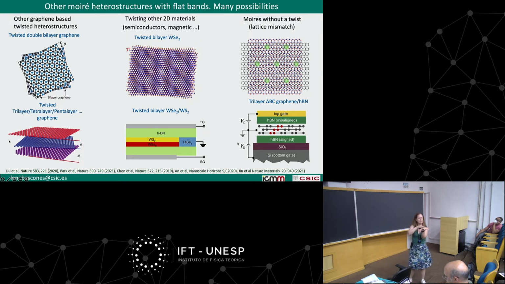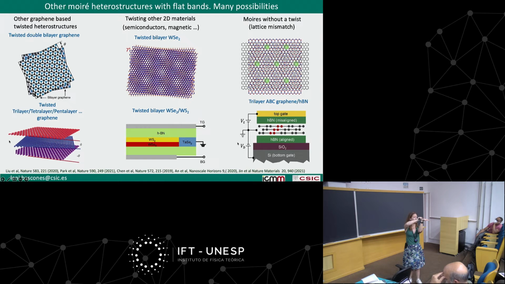If we put one layer of graphene on top of another material that has a very similar lattice constant, but slightly different, we also create a moiré. For example, this is the basic of this trilayer ABC graphene on hBN. The ABC graphene, these are the 3 layers of graphene, which are stacked one on top of the other.